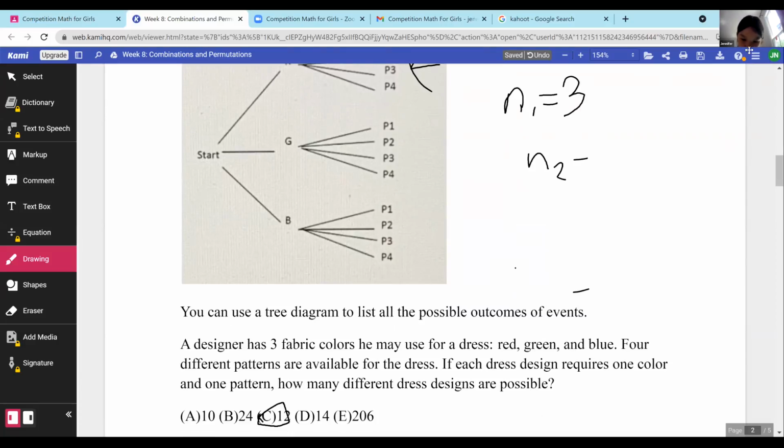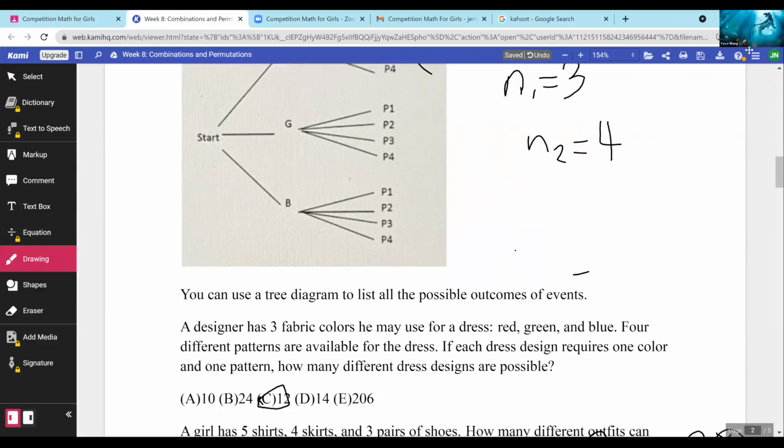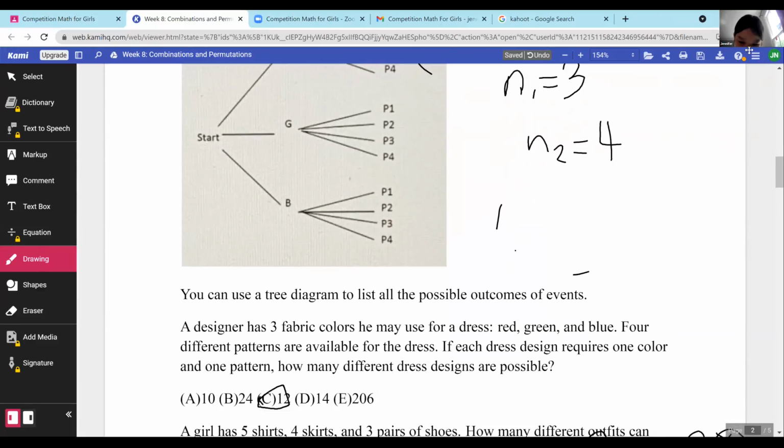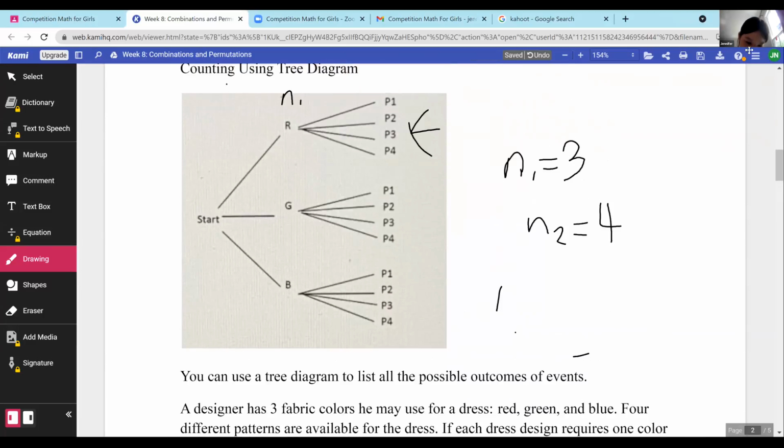So n2 is 4. And if each dress design requires 1 color and 1 pattern, how many different dress designs are possible? 12. Yeah, because it's 3 times 4: you choose 1 out of 3 colors and then there's 4 ways each.